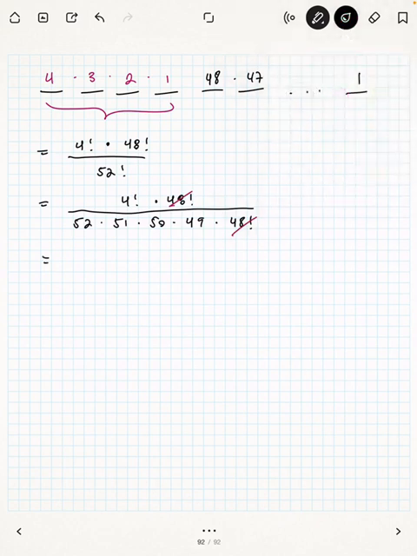And so what we actually have is 4 factorial, which is 4 times 3 times 2 times 1, divided by 52 times 51 times 50 times 49. And if we calculate this, we should be able to find the probability of this event. So make sure you do your order of operations correctly.